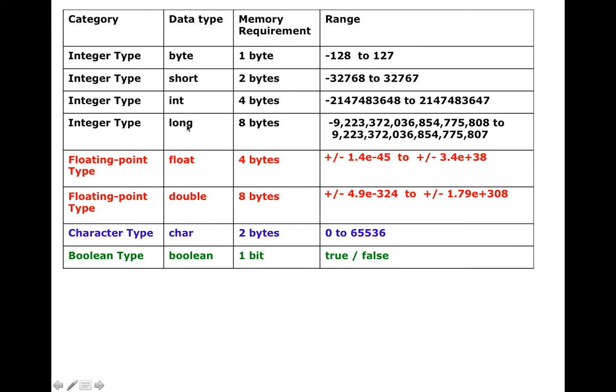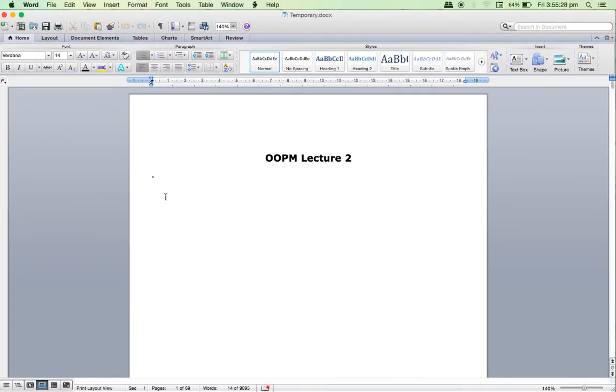Now, of these 4 data types, can you tell me which data type is completely new for you? Yeah, that's right, it's byte. So, let's talk about this data type in little detail. Okay. Now, let's say I write something like byte B semicolon.